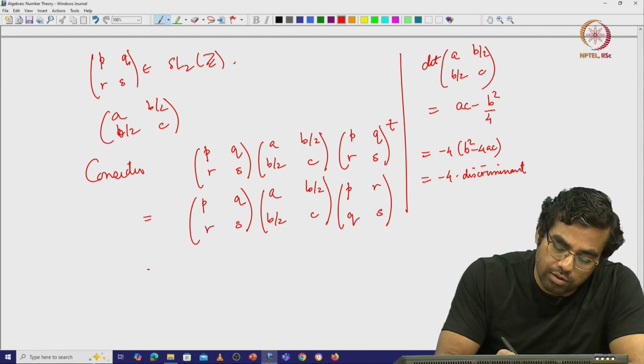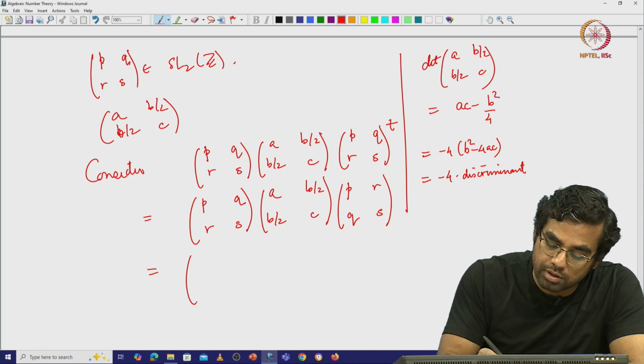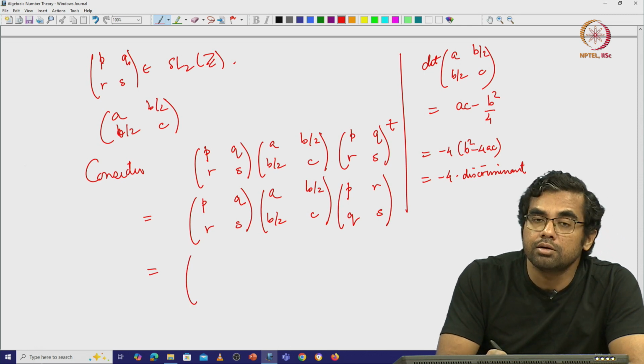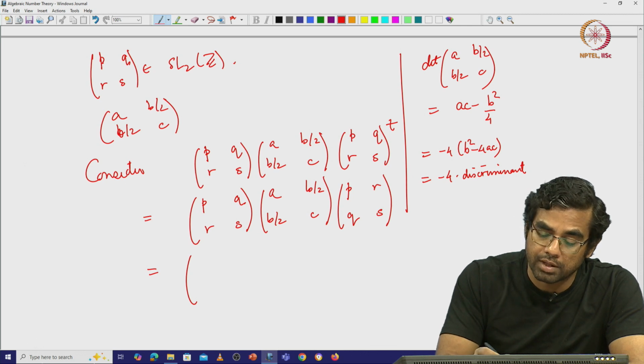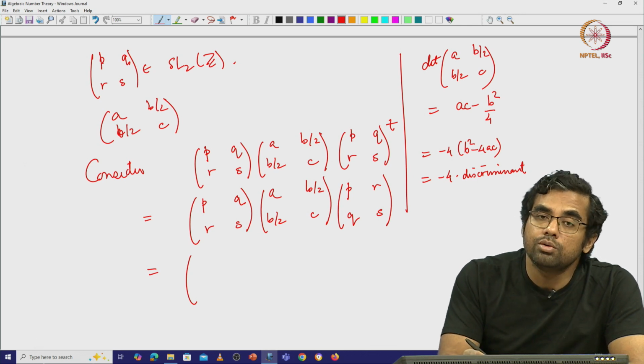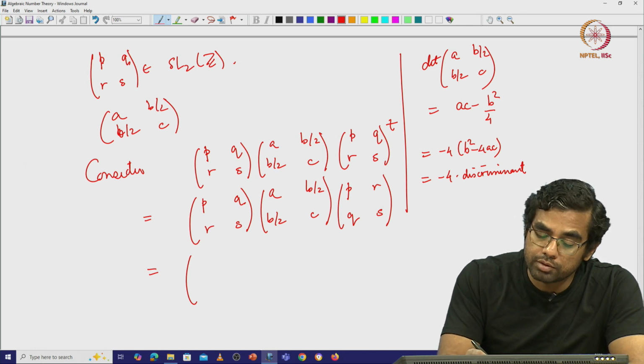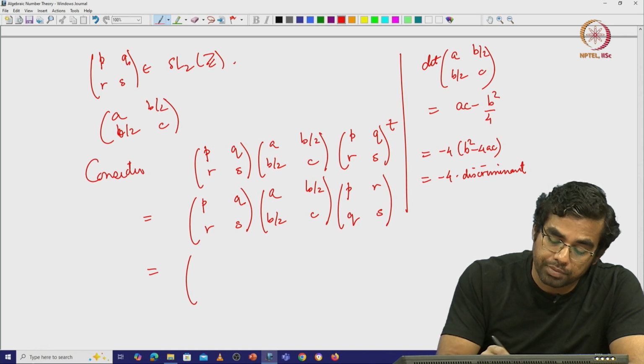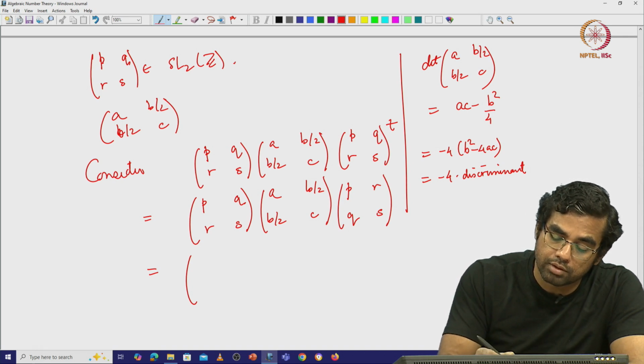If I write this out, it will look like a complicated mess, but it will again be a symmetric matrix, with possibly half integer entries off the diagonal. Nobody said that b could not be even, so then b/2 would be an integer. But let me write it out for your benefit.